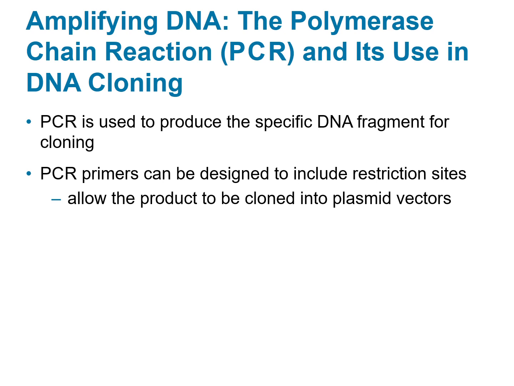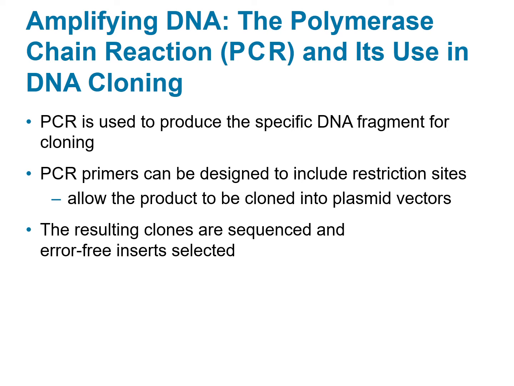And this allows the product to be copied so that it automatically has these restriction sites. The resulting clones are going to be sequenced and error-free inserts selected. So basically, you want to confirm that the gene of interest was inserted into your vector, and so you must sequence the DNA to confirm that it's there.